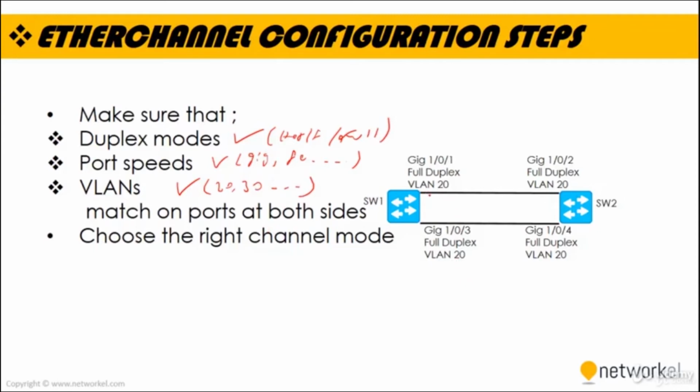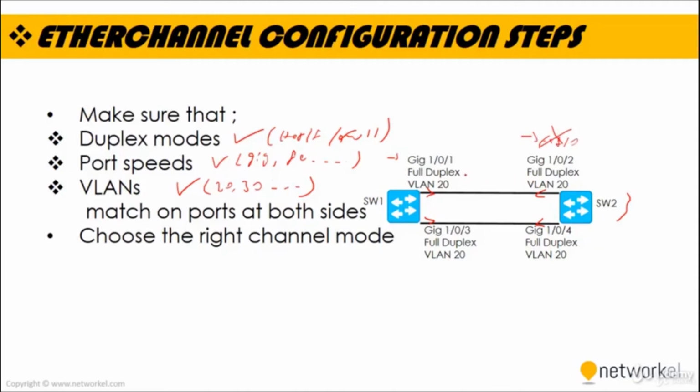Okay guys, let's say that we have 4 separate ports on each of the 2 switches, as you can see in here, gig 1/0/1 and gig 1/0/3 for switch 1 and gig 1/0/2 and 1/0/4 for switch 2. If I'm using a gig port on this side, I should not use a Fast Ethernet port on the other.